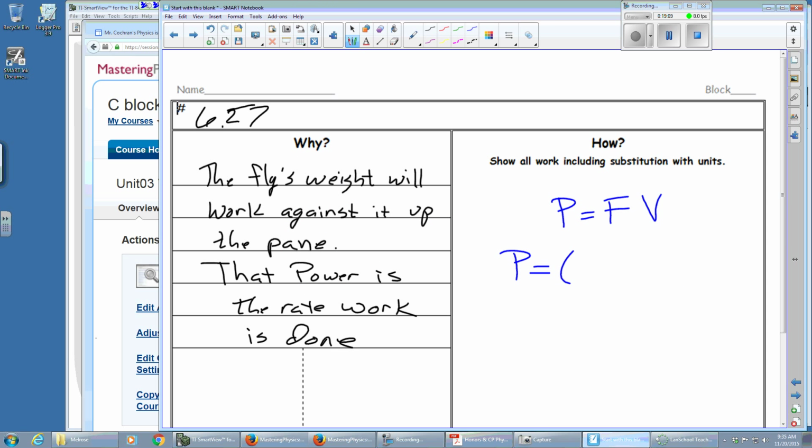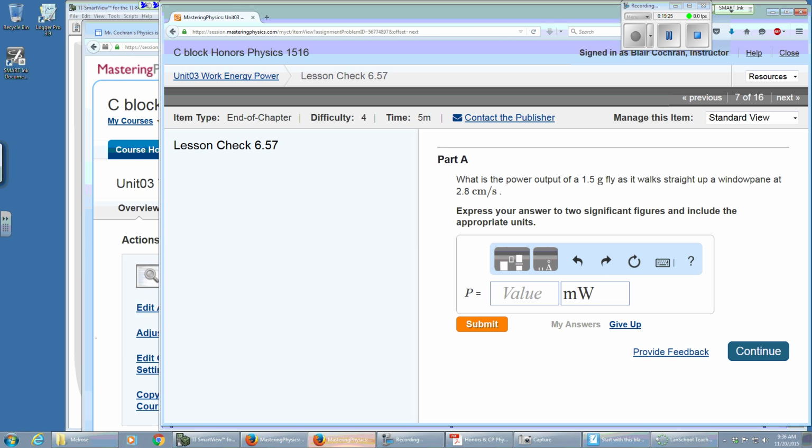And so the force I said was its weight, which is mg, and then its speed, which is v. And now I know all these, right? I can substitute in. Its mass is, oh no, that's in grams. What unit should I have that in? Kilograms.